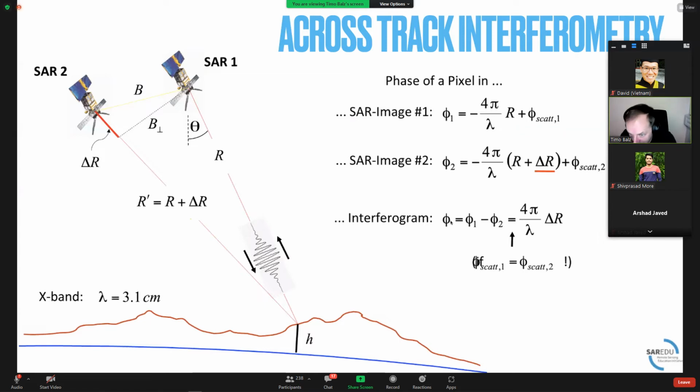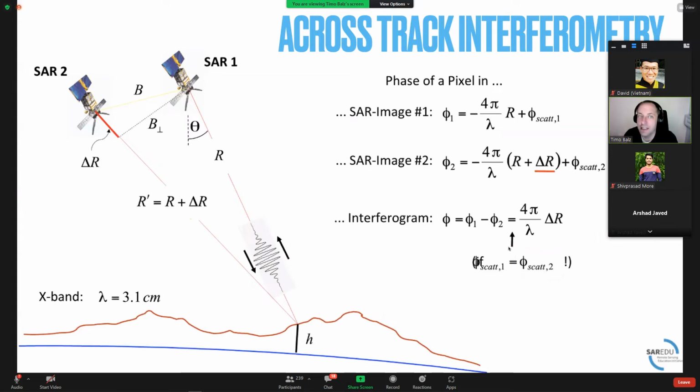What we do in the interferogram is subtract phase 1 from phase 2. If we do that, we get 4 pi divided by the wavelength times delta R, which gives you the phase, under the assumption that scatterer 1 is the same as scatterer 2.